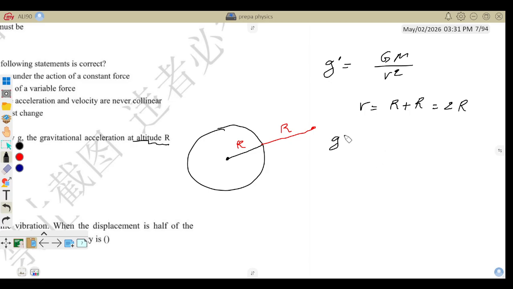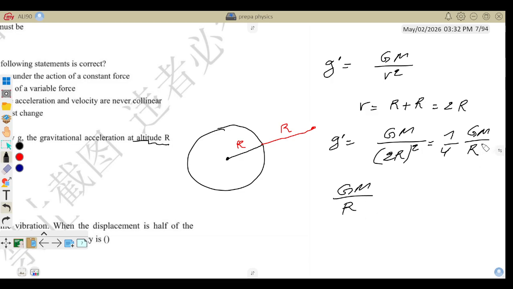So the g prime would be GM divided by (2R) squared. Mathematically this gives 1/4 of GM over R squared, which equals g.